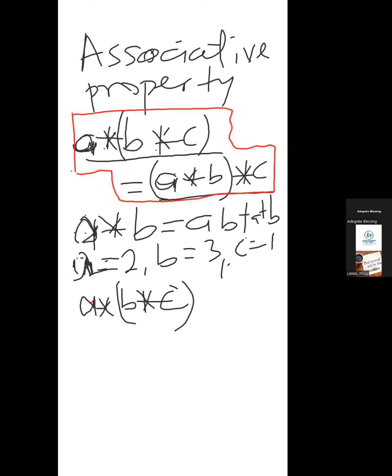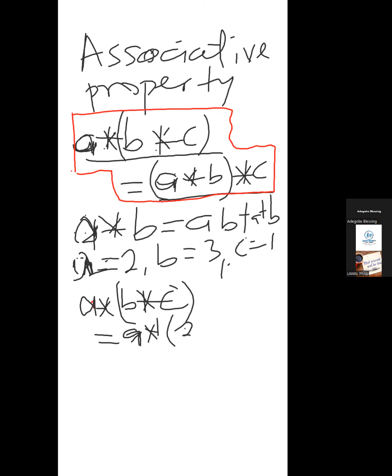So for the BODMAS rule, we are going to first solve whatever it is in brackets. So B star C is what we are going to work with. And we are going to define our star, the binary operation, as AB plus A plus B. So it's going to be BC plus B plus C. So when you do that, you're going to have A star, then open your bracket and use this definition.